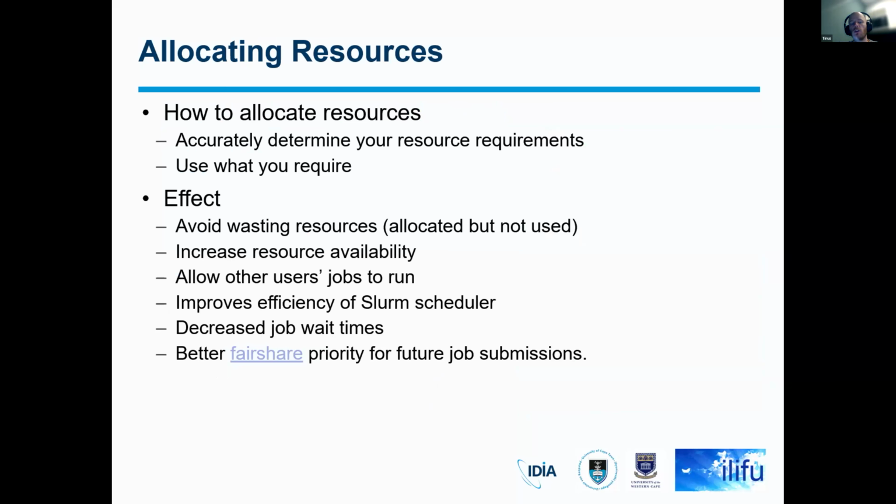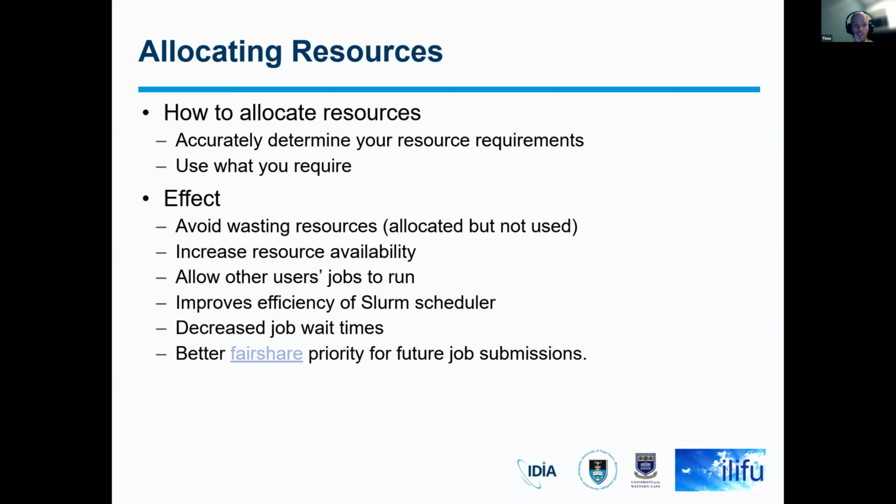Okay, so what are the steps that you need to follow to allocate the right amount of resources to your jobs? The main thing is just to first find out how much resources your jobs need, and then only request that amount.